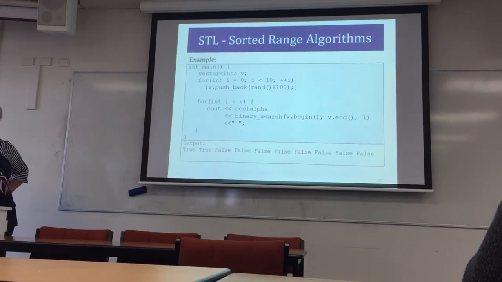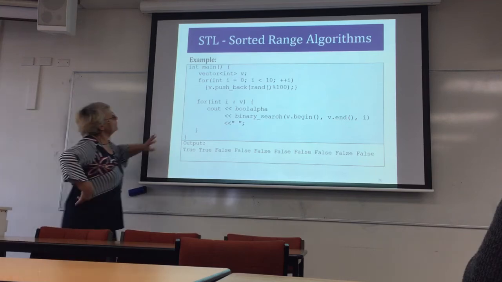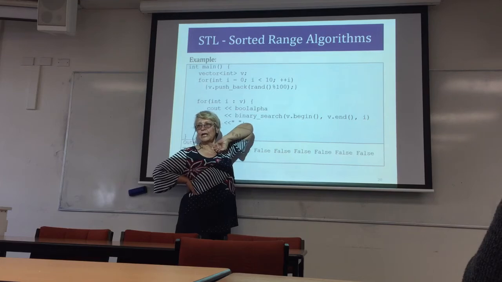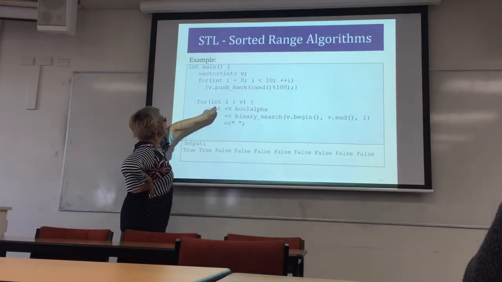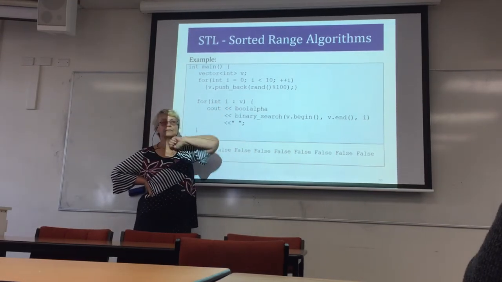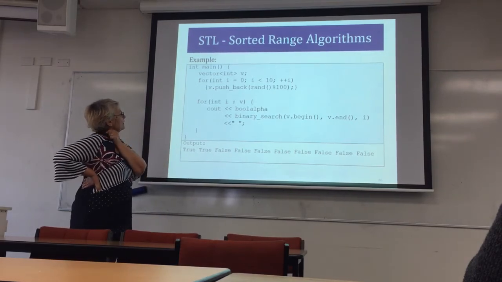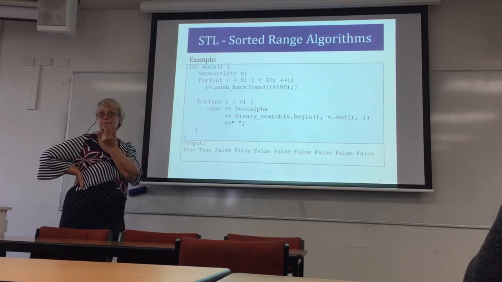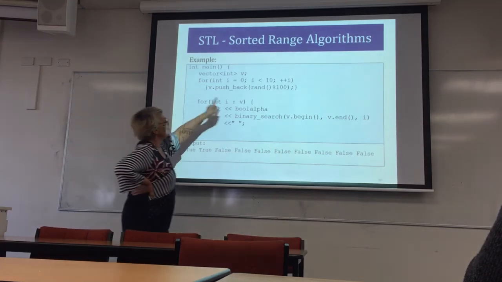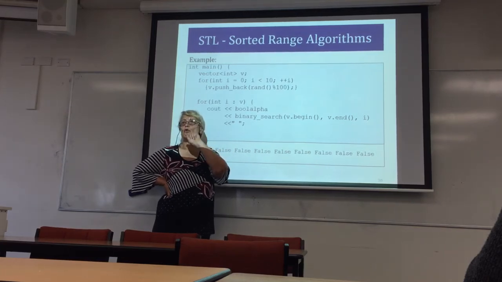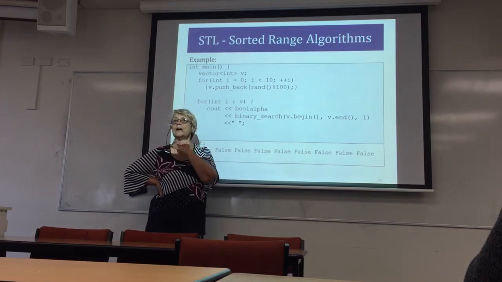So, here we have a garbage in, garbage out example. Because we have a vector where we put some random values in it. And what we have here, we go with i, with a 4 range, right? And notice bool alpha forces the compiler to display true or false instead of 0 and 1.